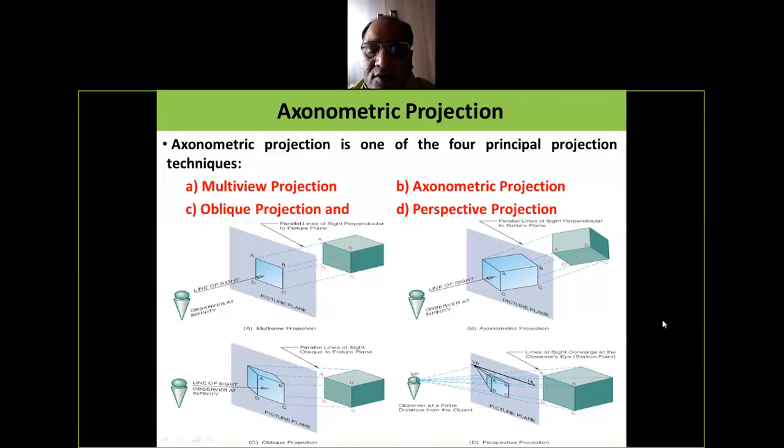And at the same time, it is an axonometric projection in which three coordinate axes appear equally foreshortened and the angle between any two of them is 120 degrees.